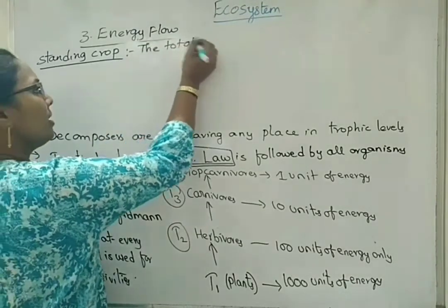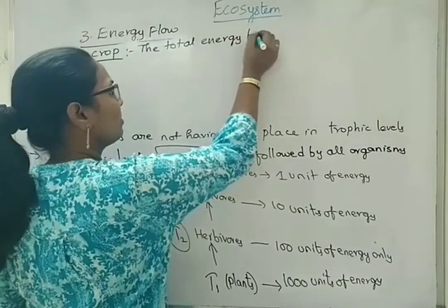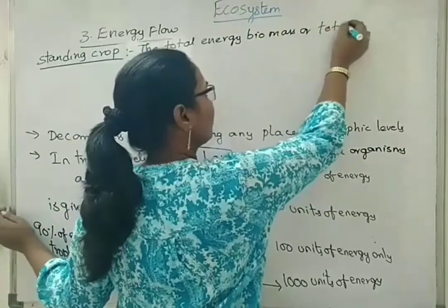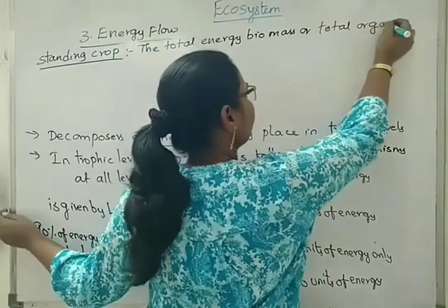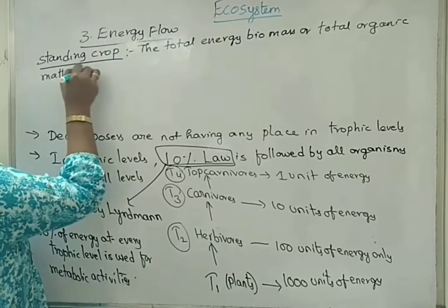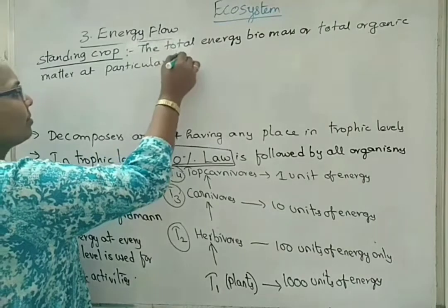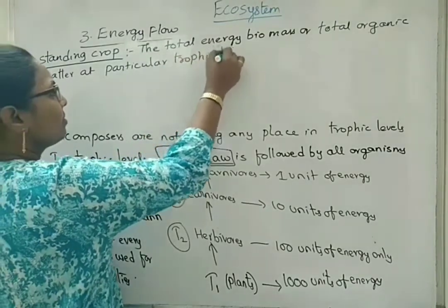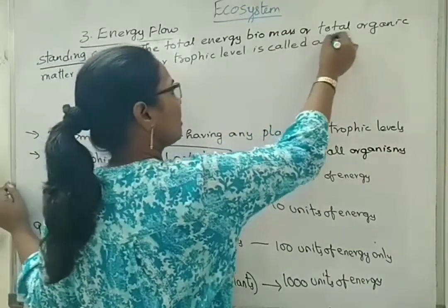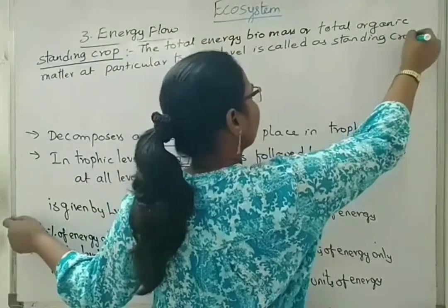The total energy mass or total organic matter at a particular trophic level is called standing crop.